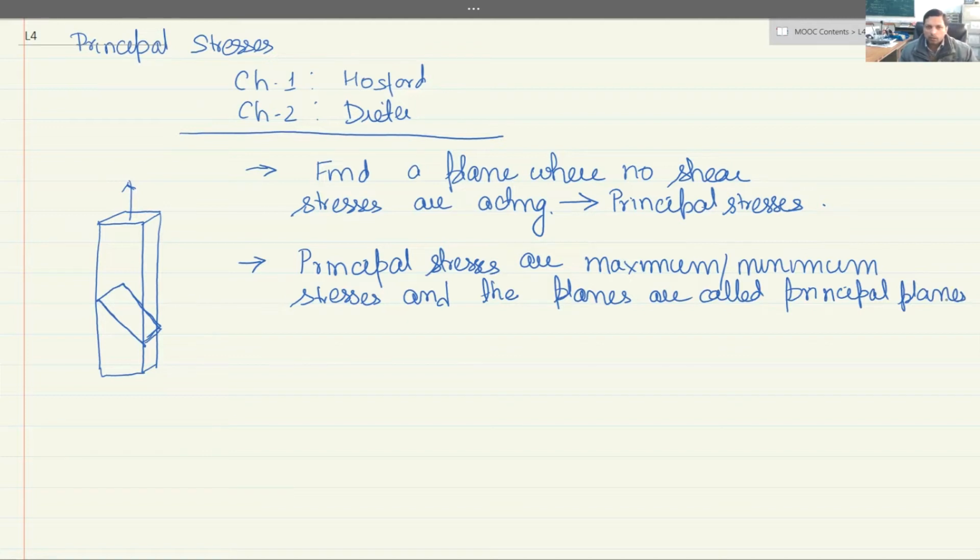This concept is very useful because it helps to simplify the overall problem. You can look at the element where only principal normal stresses are acting, and hence a lot of important parameters can be obtained. Principal stresses are also useful, as you will see, when we try to find the onset of yielding.